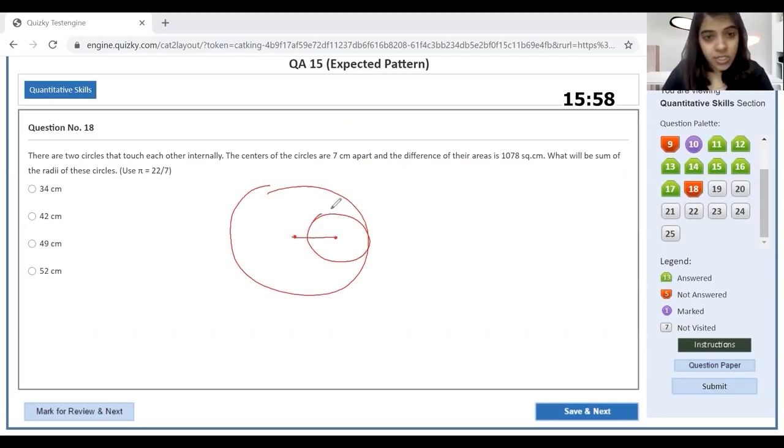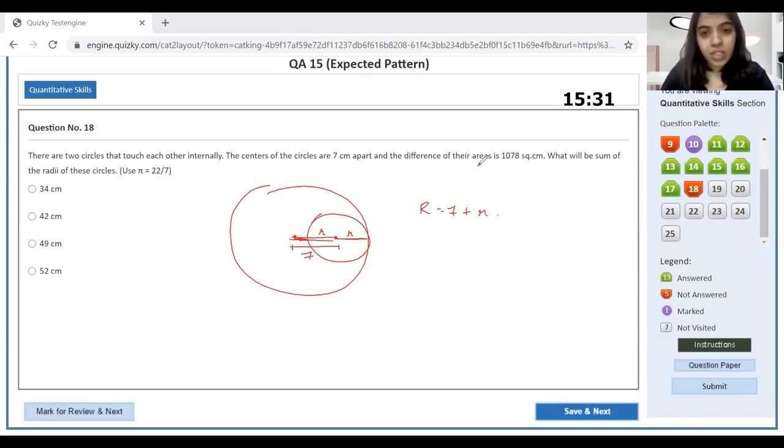Fine. So let's just see if this is a smaller circle. This is radius r. And this is the remainder of the distance. So what they're telling us is that this distance is 7 centimeters. So what can we say about the bigger circle's radius? Big R is equal to 7 plus the remainder, which is small r, right?